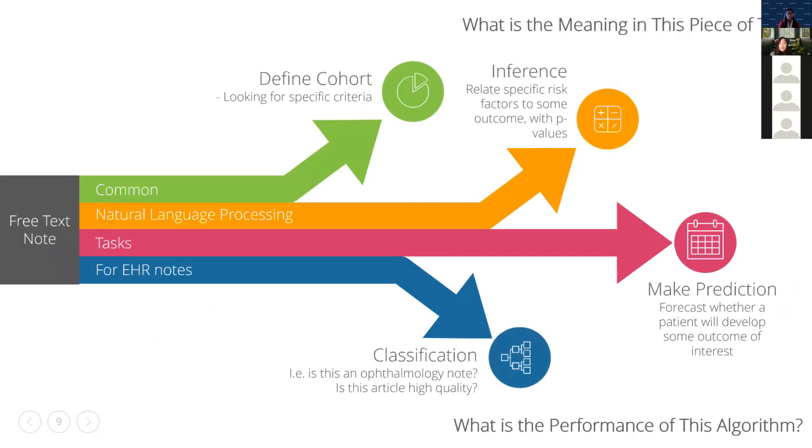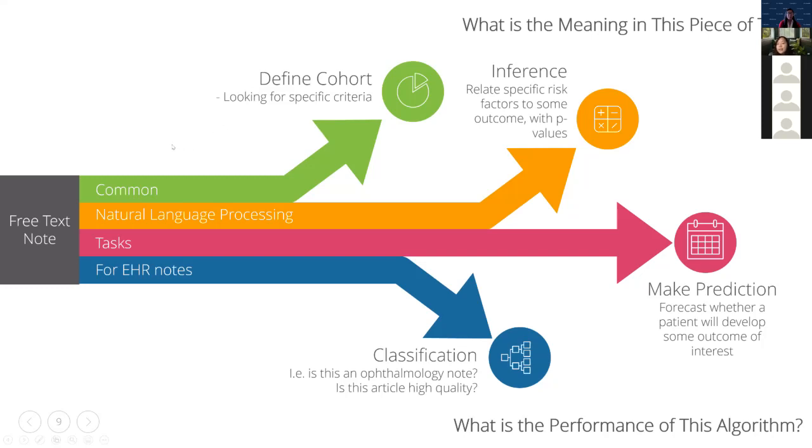I'll try and break down here what I think are the most common, but by no means exhaustive, purposes to which we might want to use NLP techniques on notes from the electronic health records. So we might want to define a cohort.